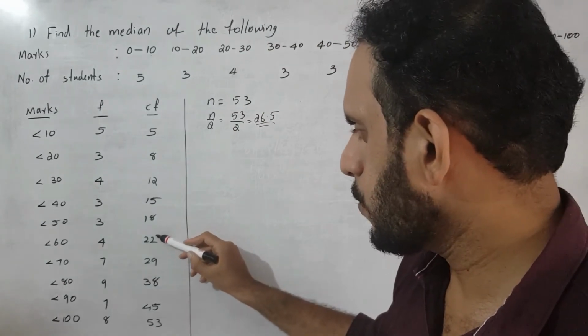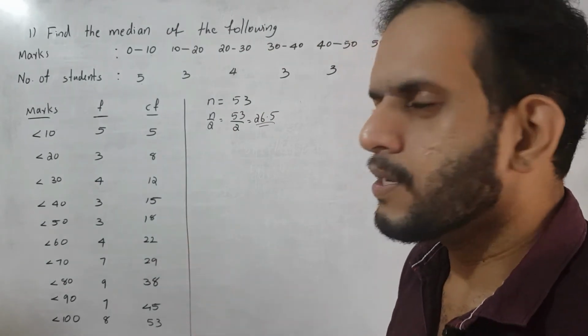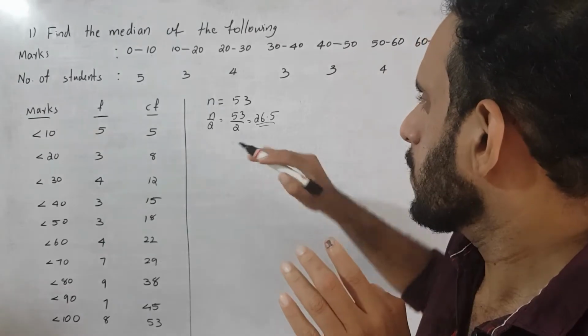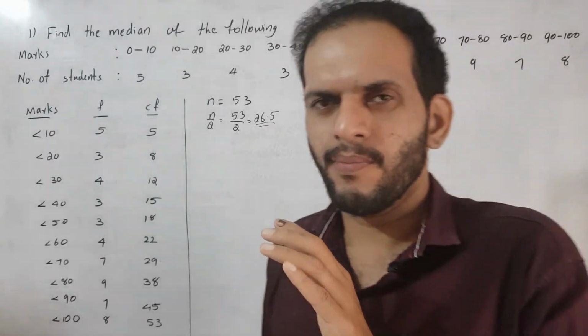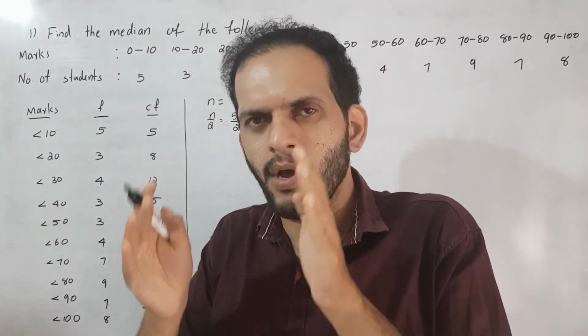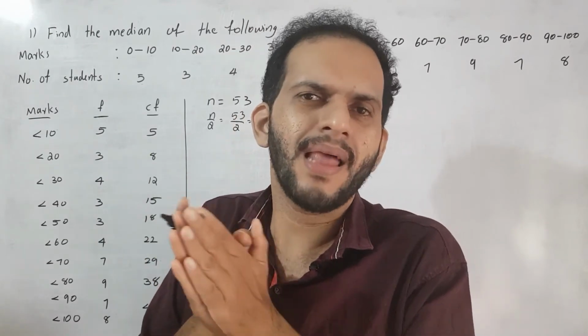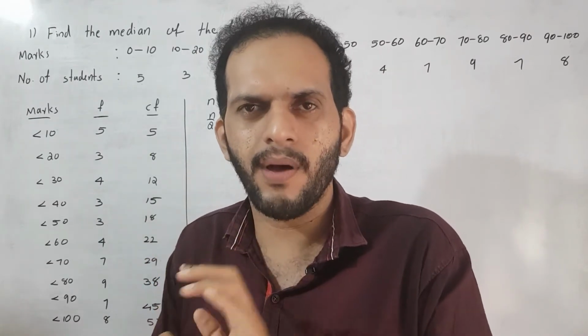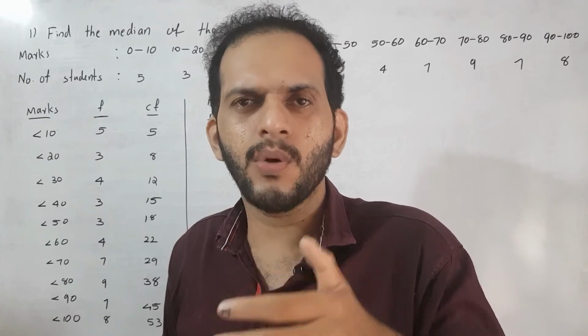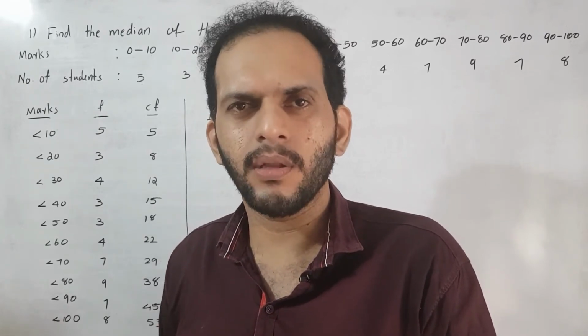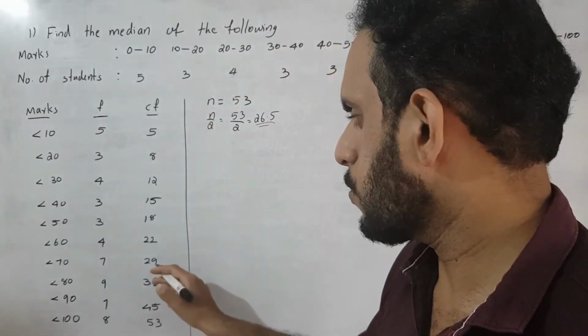26.5 lies between 22 and 29. In the column of CF, which value is greater than and nearest to 26.5? It is very clear that it is 29.